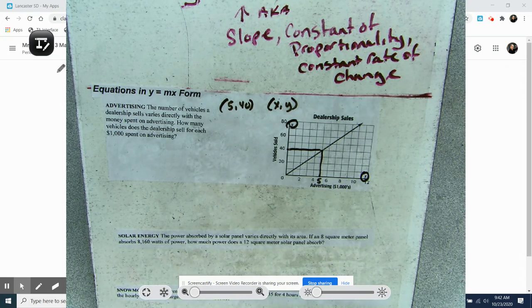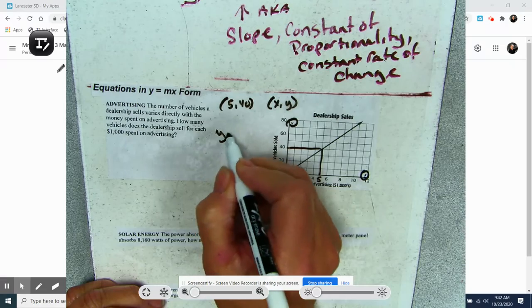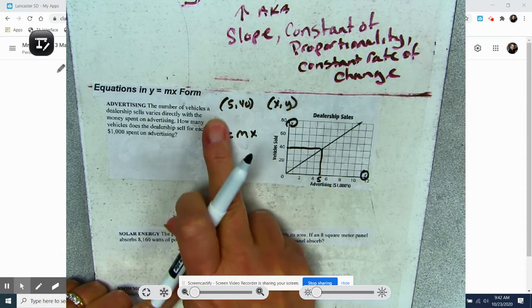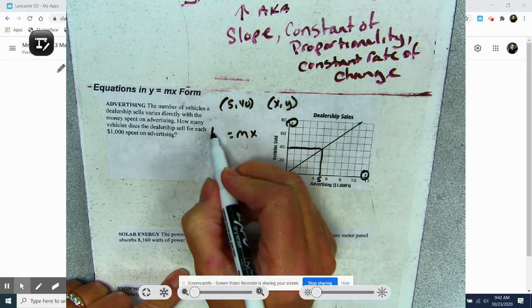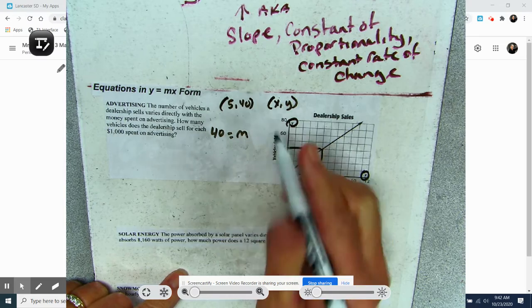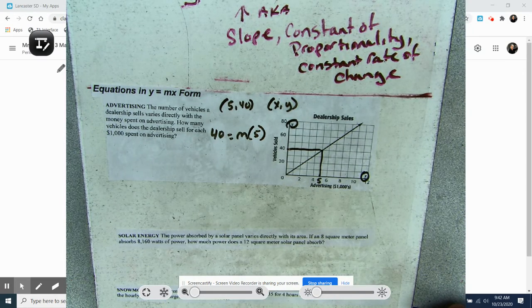So if this is 5 and 40, and our equation is y equals mx, then we're able to replace y with 40, and replace x with 5, and then we can find out what m is. Okay, so by using x and y, we can find out m.